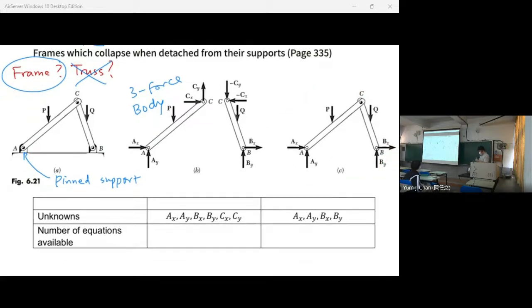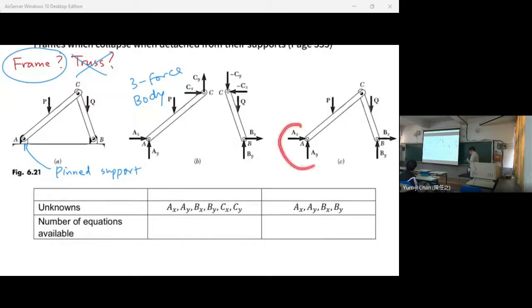On the left hand side we have a pin joint, so we have AX and AY, and on the right hand side we have BX and BY. So how many unknowns? 4 unknowns. How many equations do we have for equilibrium? Summation Fx equal to 0.